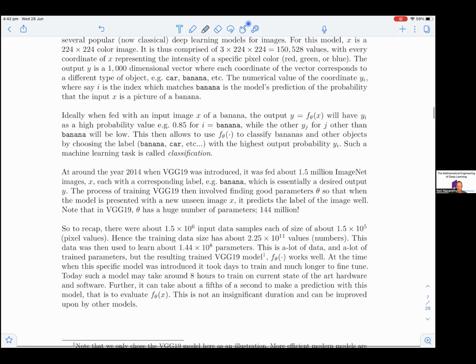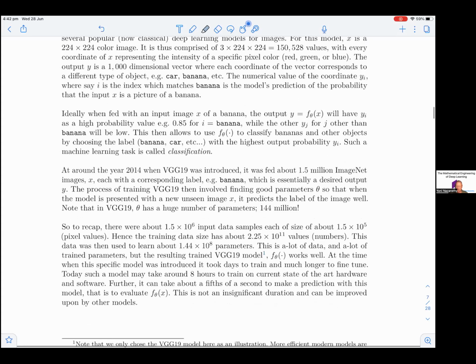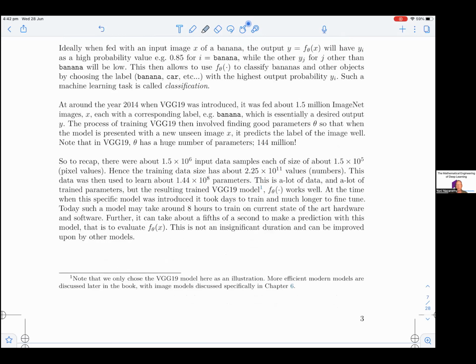Ideally, when fed with an input image x of a banana, the output y equals f theta of x will have y sub i as a high probability value, for example 0.85, for the index i equaling banana, while the other y sub j for j other than the index matching banana will be low.